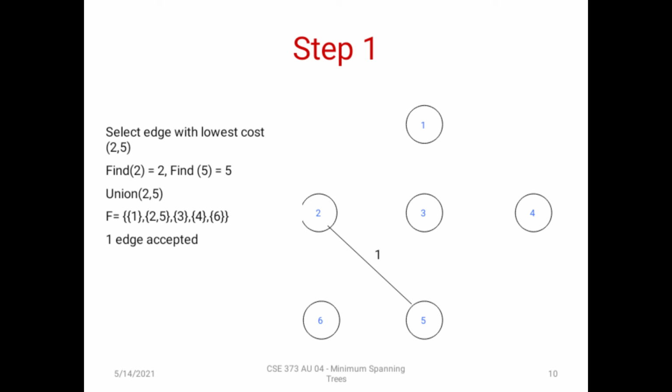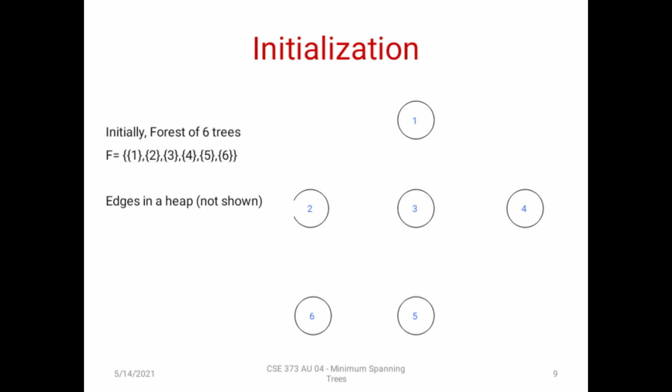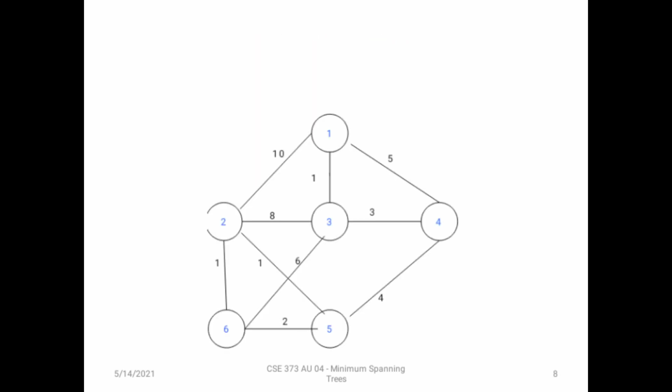Find of 2 is 2 and find of 5 is 5. Union of 2 comma 5 will result in F equal to {1}, {2, 5}, {3}, {4} and {6}. Here one edge is accepted. Next you can see the edge from 1 to 5 is minimum. You have selected 1 to 5.